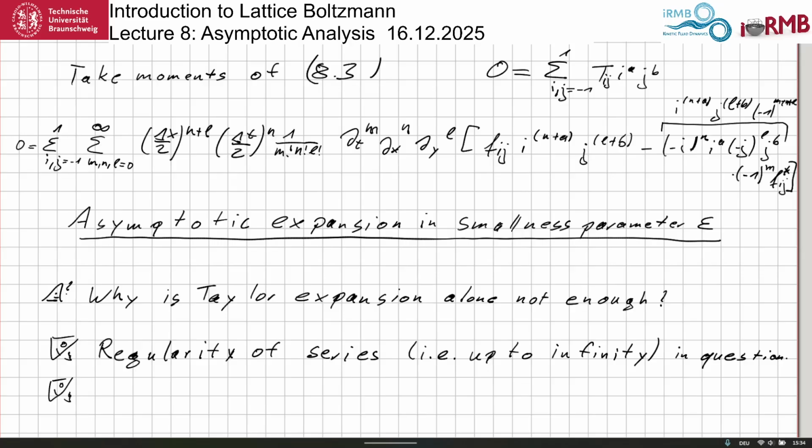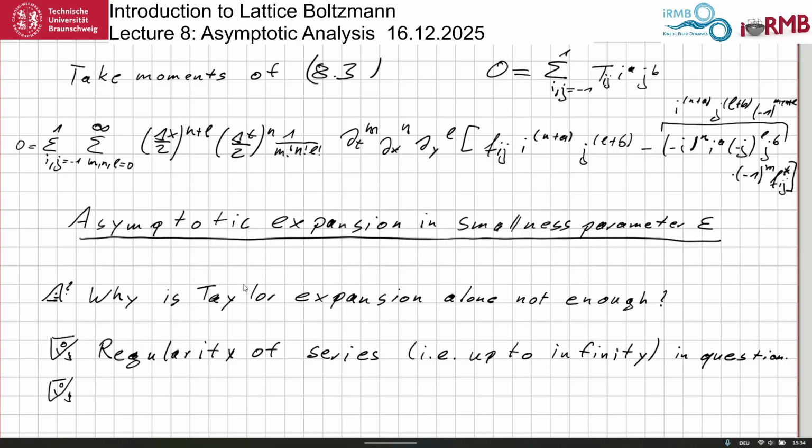Taylor expansion is very powerful in separating the result from the error for linear problems. Now, obviously, the Navier-Stokes equation is not linear, and the lattice-Boltzmann method for the Navier-Stokes equation again is also not linear.